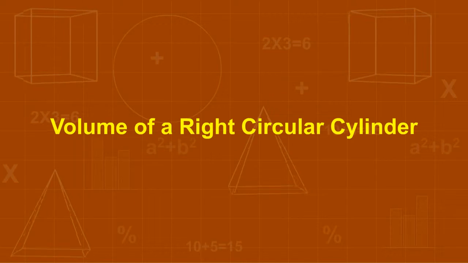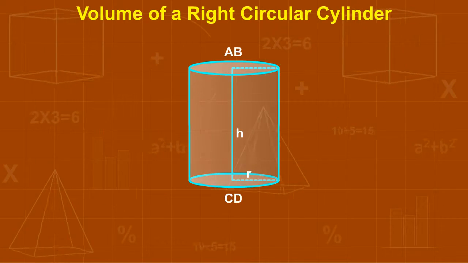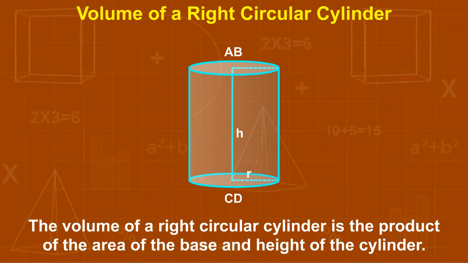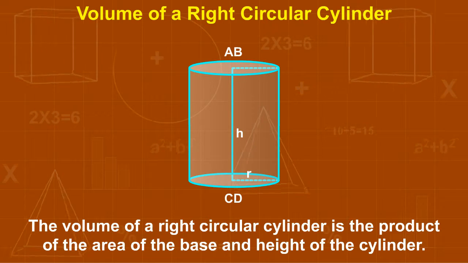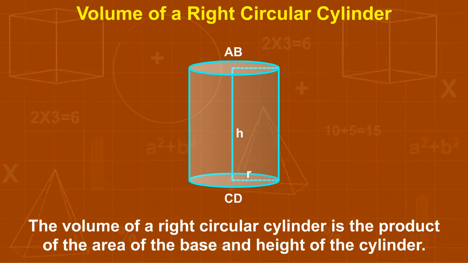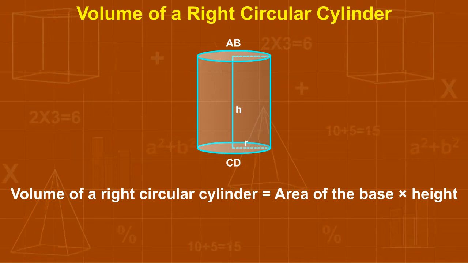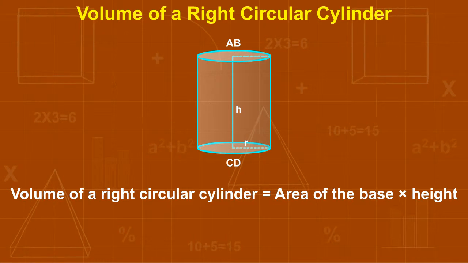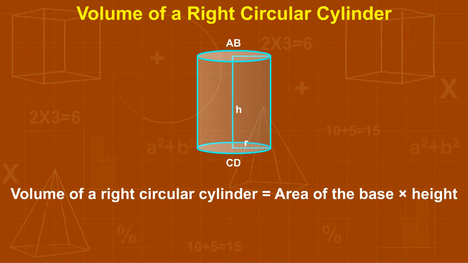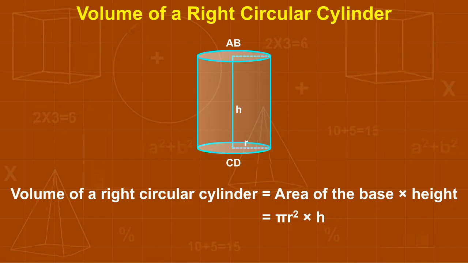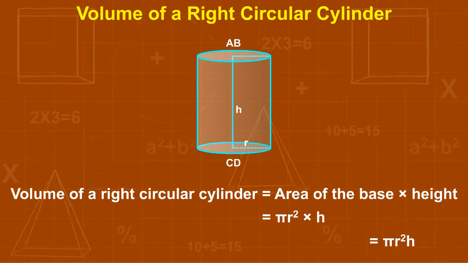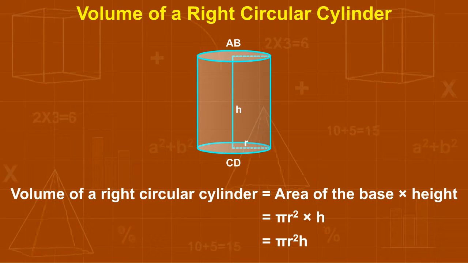Volume of a right circular cylinder. The volume of a right circular cylinder is the product of the area of the base and height of the cylinder. Thus, volume of a right circular cylinder is equal to area of the base into height, which is equal to pi r square into h, that is pi r square h.